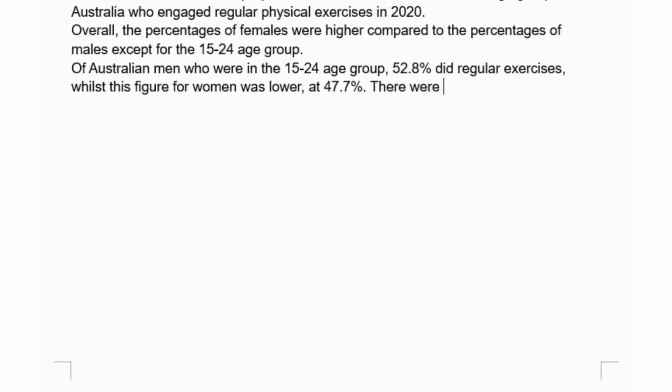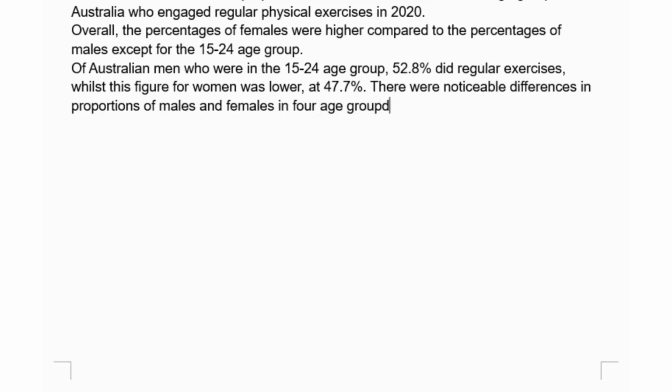There were noticeable differences in proportions of males and females in 4 age groups.